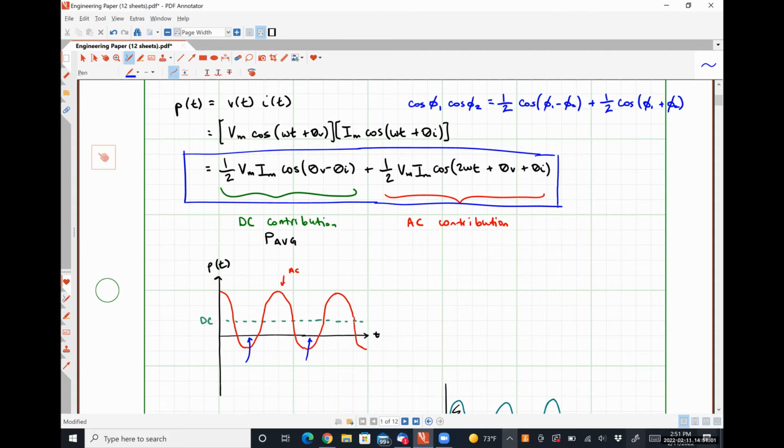Similarly, Im and theta I are the magnitude and phase angle of our time domain current, but they're also the magnitude and phase angle of our frequency domain current.